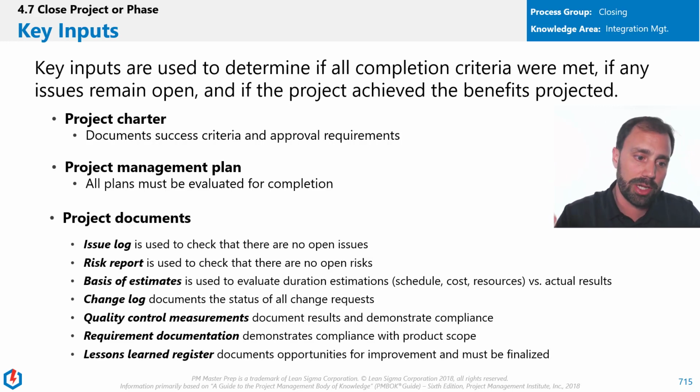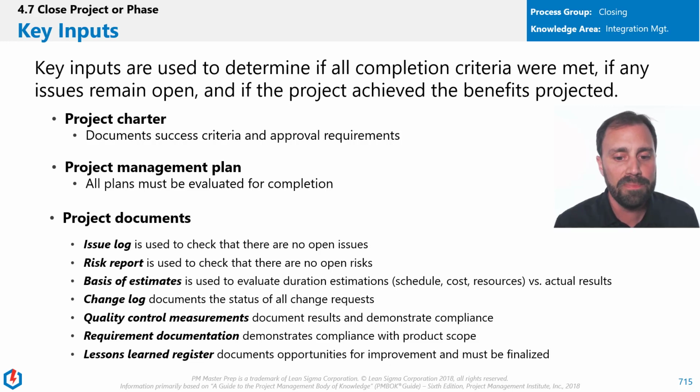Whoa, issue log, risk report, basis of estimate, change log, quality control measurements, requirements document, lessons learned, all these things. Long and short of it is, we just want to make sure there's nothing out there that's hiding that we haven't hit on, issue log, risk report. And then we want to make sure that everything else has been closed out and organized.